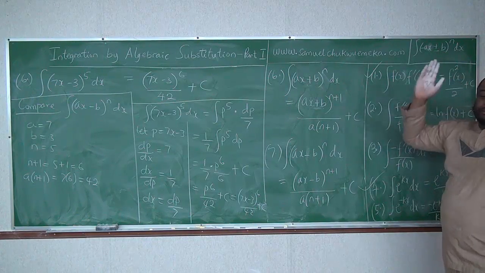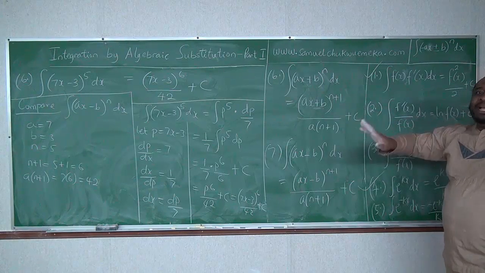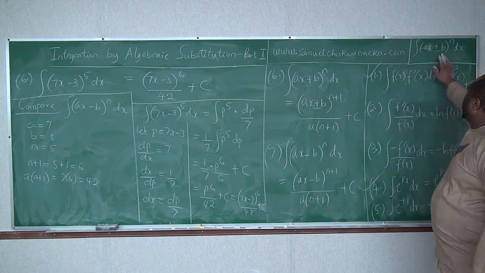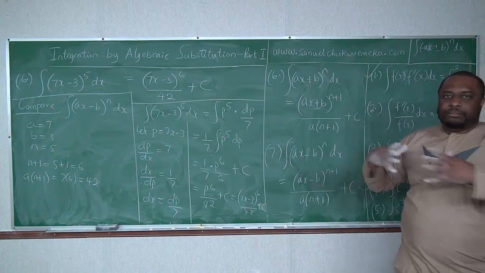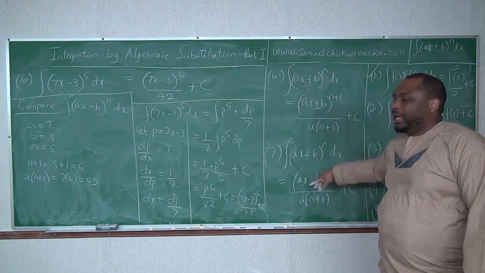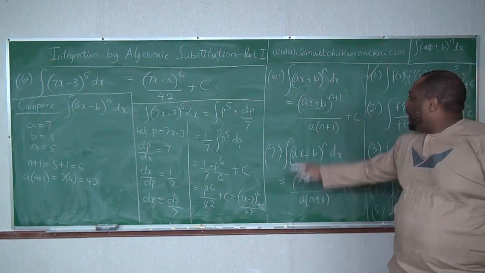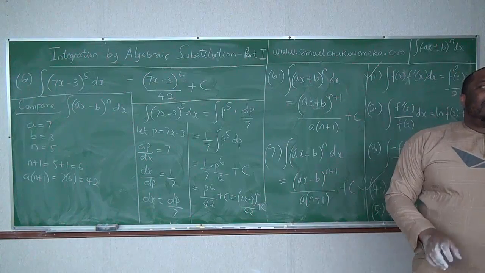And if you want to do it twice, negative ax plus b, negative ax minus b, no problem. You will still have something similar, just like we have here.